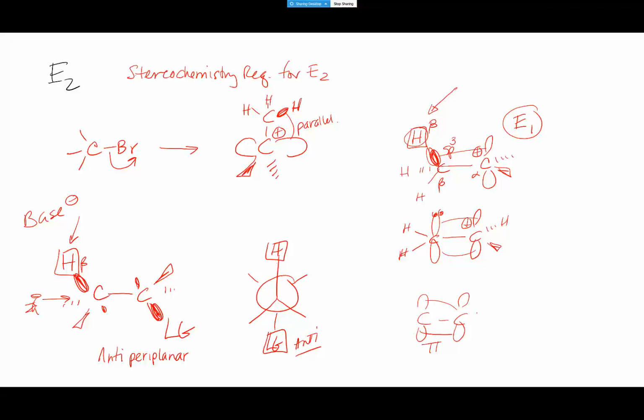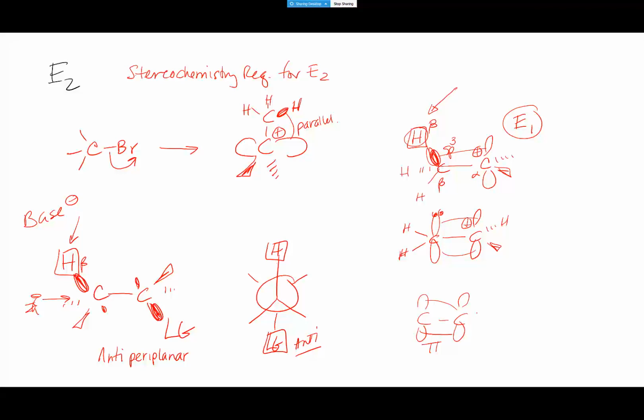So the orbital picture is that's just the easiest movement of those orbitals in order to get the pi bond. And remember, the transition state is all about less movement, less energy, which gives you the lowest activation energy. So this reaction is going to move to give you the lowest activation energy. It's not going to want an abnormally high one. So if the hydrogen and the leaving group are not periplanar, if they're not anti, they have to become anti to react.